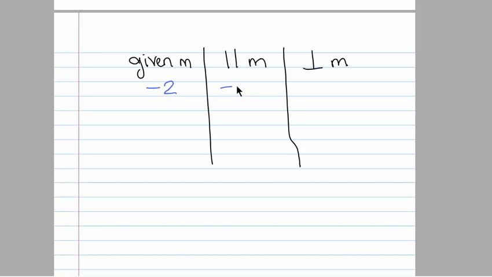Then my parallel slope is exactly the same, -2. My perpendicular slope is +1/2. Now let's say that my given slope is 2/3. Then my parallel slope, once again, is also 2/3. My perpendicular slope is going to be -3/2.